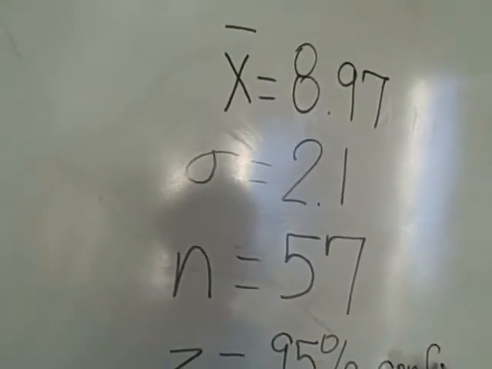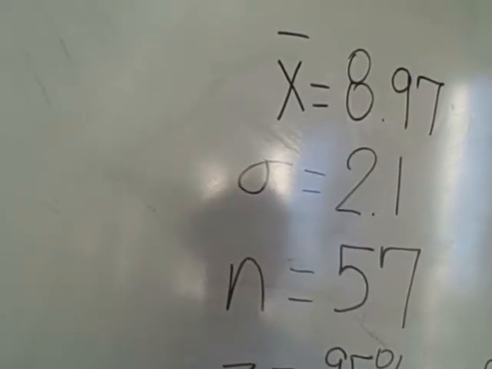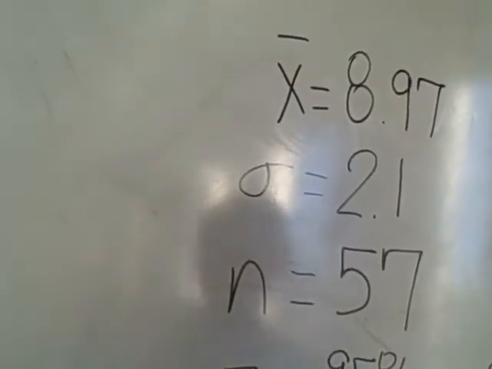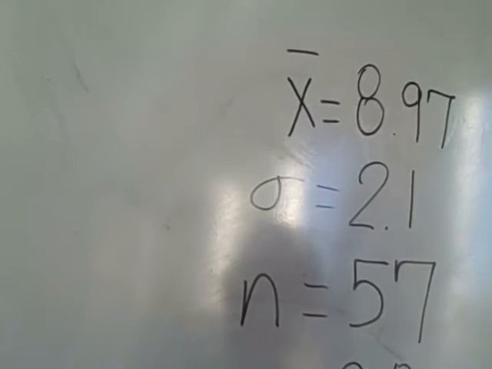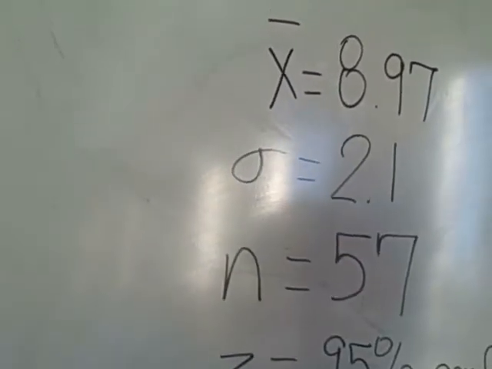So from these variables, we understand that we'll be using the confidence interval for mu when the standard deviation is known.